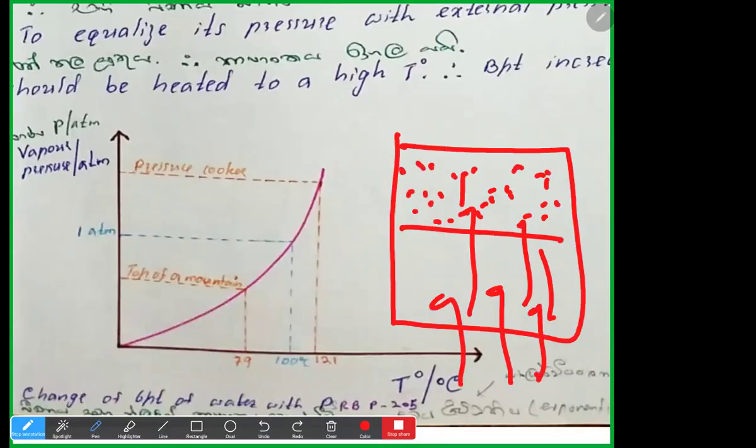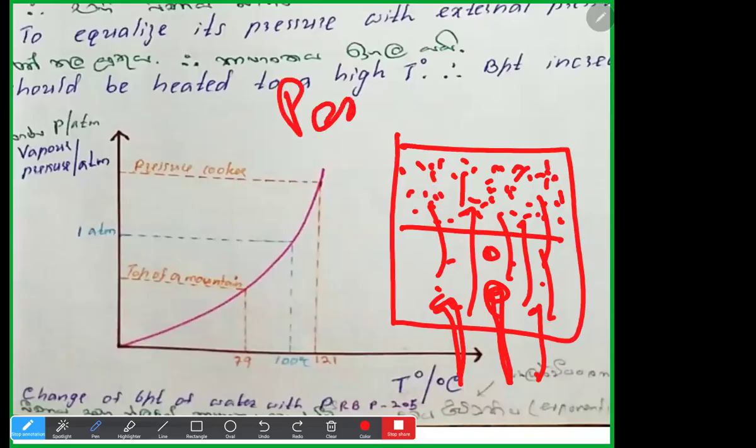Since we are forcefully increasing the kinetic energy of these molecules, more and more molecules reach here, and it starts bubbling. At the same time, the pressure is really high here. When the pressure keeps increasing until the internal pressure equals the external pressure, we say that is the boiling point of that liquid.